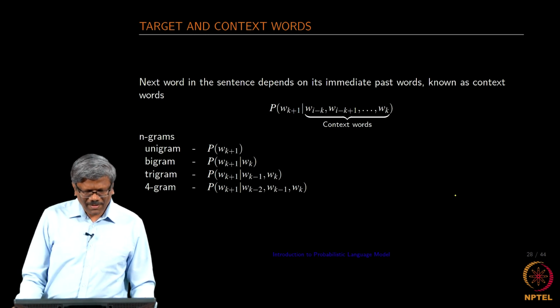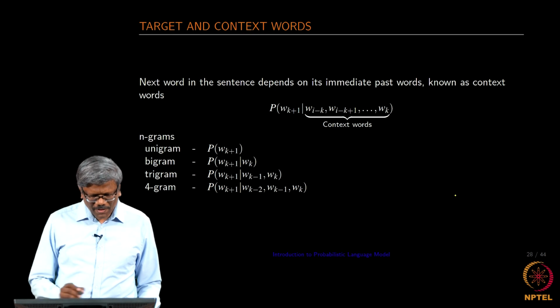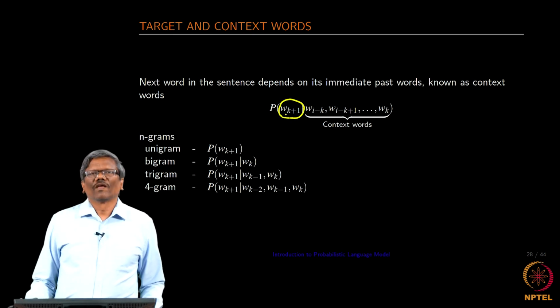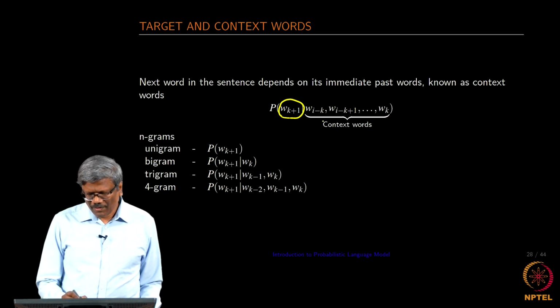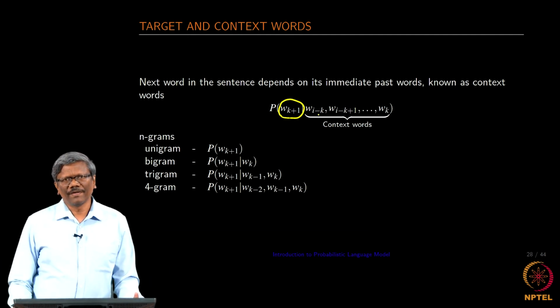There are a few things we have to keep in mind. One is we are going to be finding the next word w k plus 1 using the context words that have happened before.